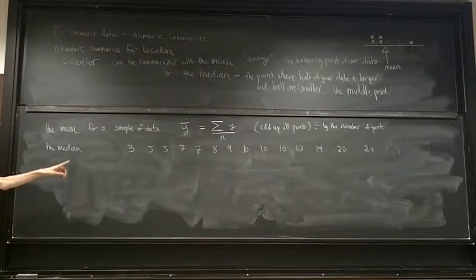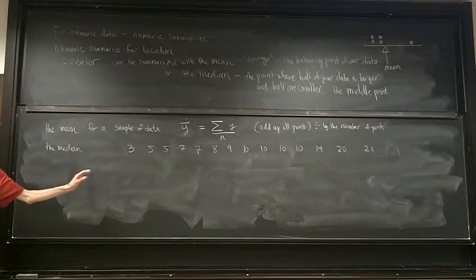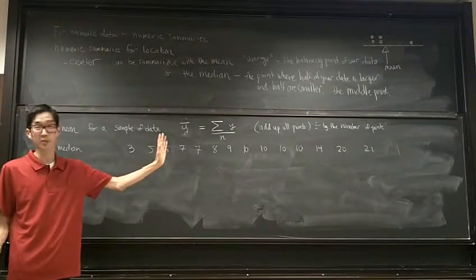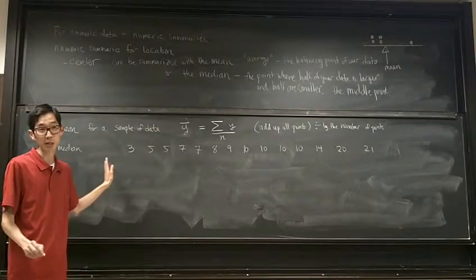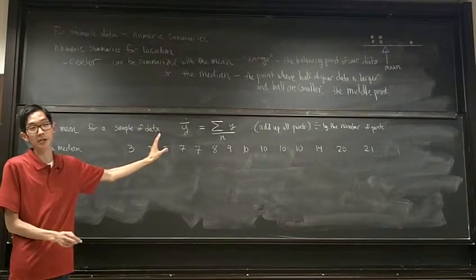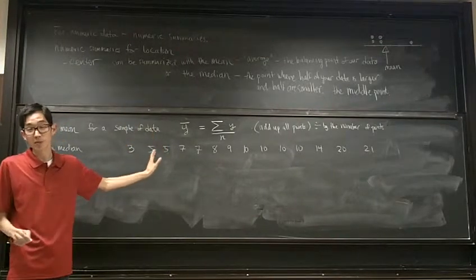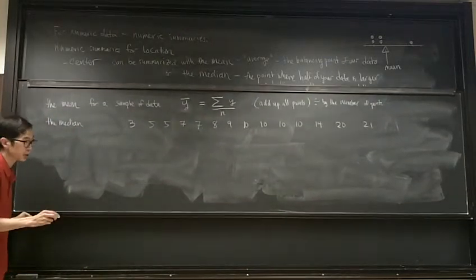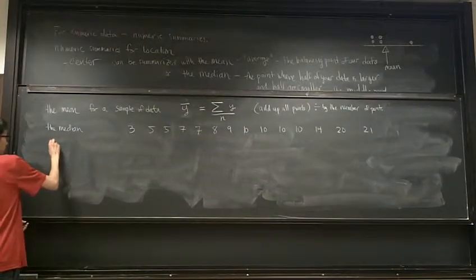So here I've got 14 data points. So the median is going to be the place where half of my data points are larger and half are smaller, okay? So the first thing here is I've ordered them from smallest to largest, okay? So notice that our data points are in order from smallest to largest.